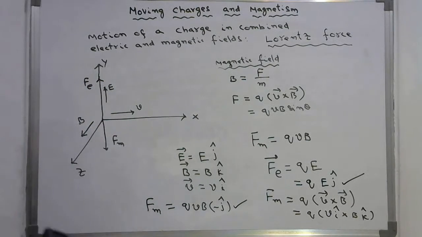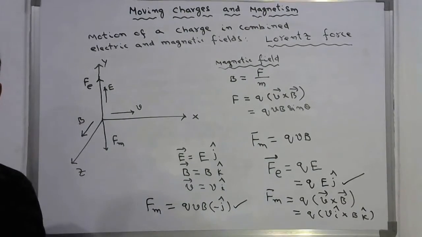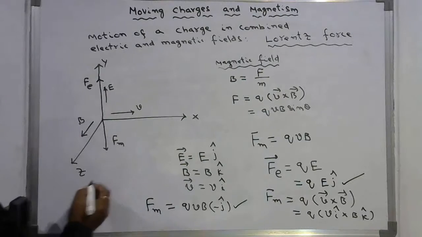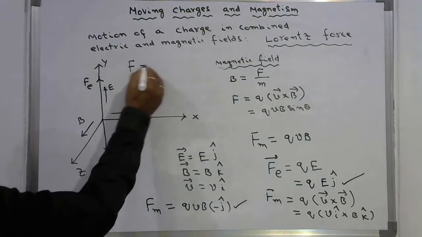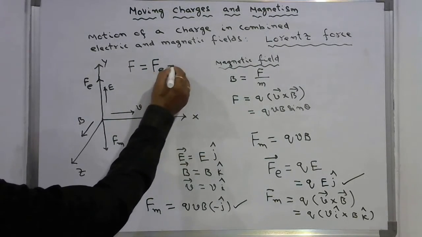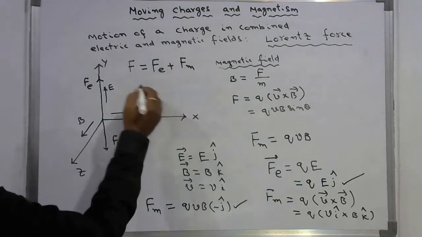So the net force is equal to the force due to electric field plus the force due to magnetic field.